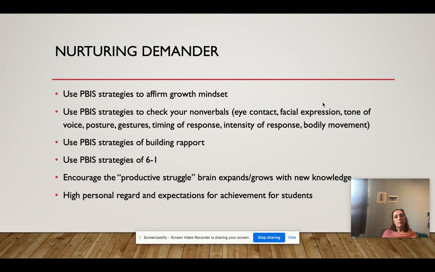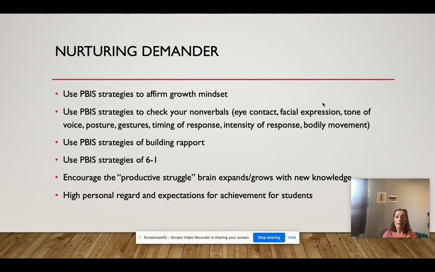You're going to use PBIS strategies to check your own nonverbals and that conscious use of yourself. Remember that your paralanguage, your words, your facial expression, your tone of voice, all has to be in sync. You know, I care about you versus, I care about you, and looking away, right?